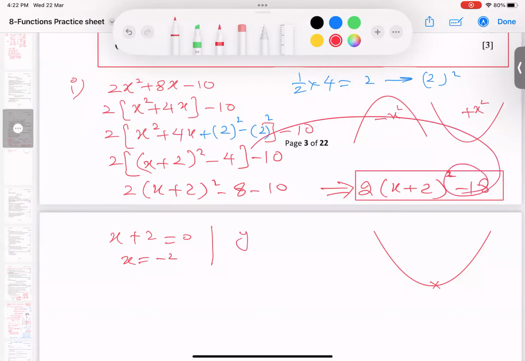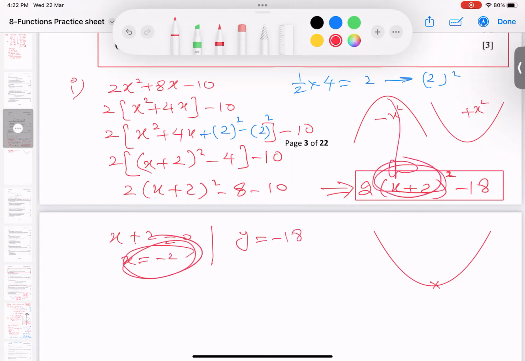The number out of the bracket, including sign, is called the y coordinate. When I replace this minus 2 here, minus 2 plus 2 is 0, 0 into 2 is 0, and minus 18 is the answer. So ultimately, my answer is negative 2 and negative 18. I believe up till here, you're not getting any issue.